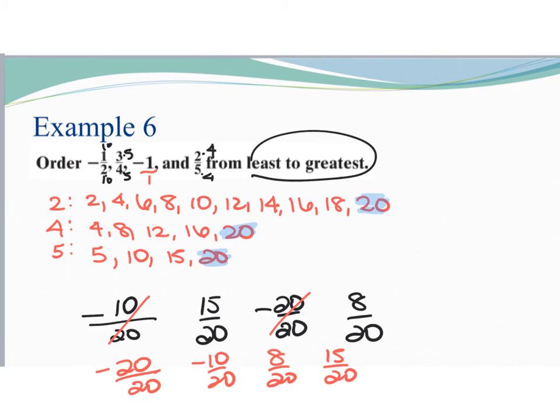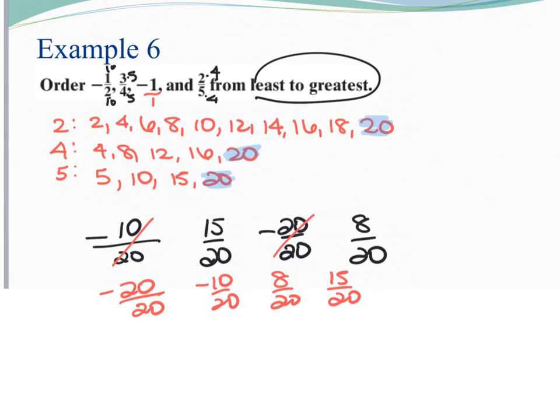So then the last thing I have to do is put the corresponding fractions with each in the correct order. So to do that, -20/20 really came from -1. So this is less than -10/20, which was really my -1/2.